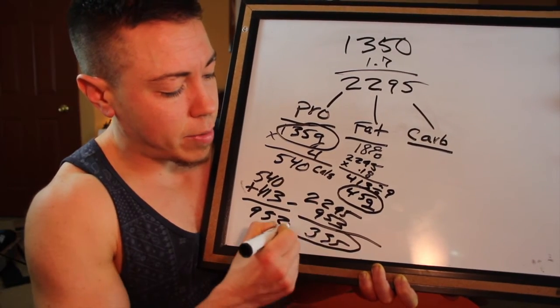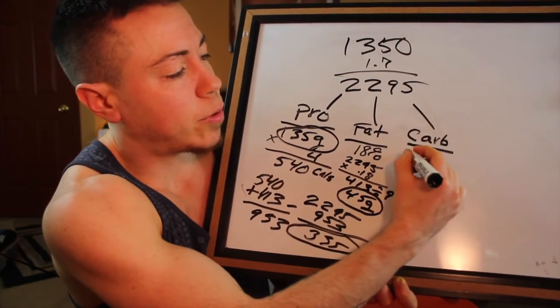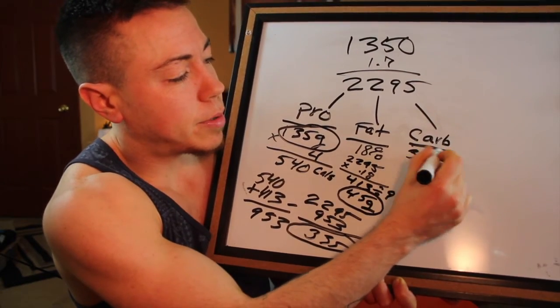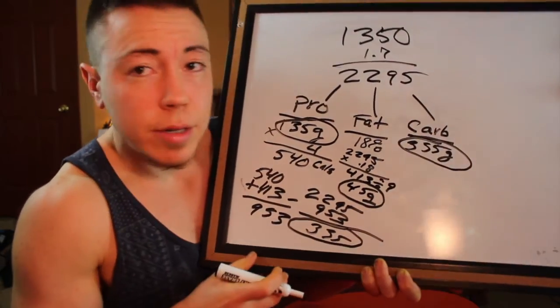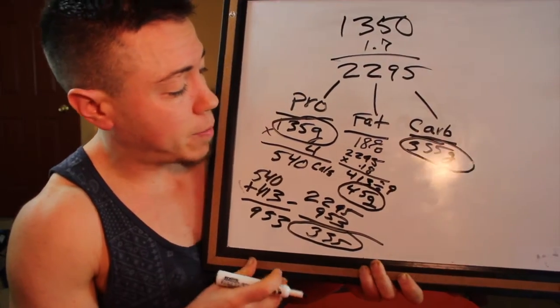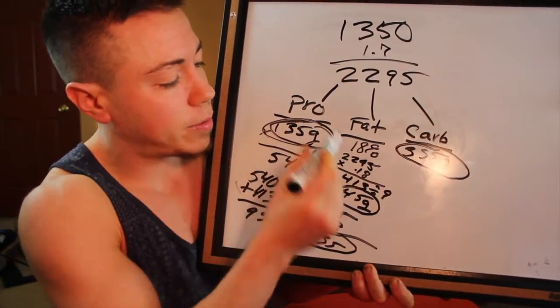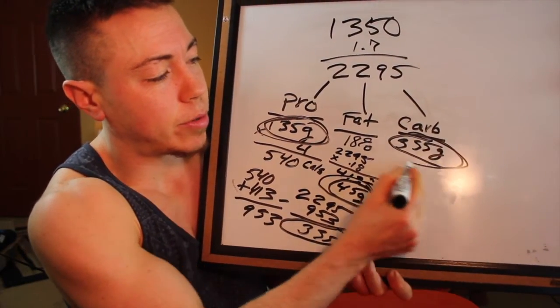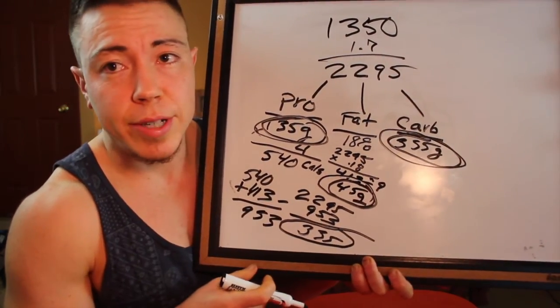So these are my carb grams. 335 grams of carbs. So there it is. There's my macros. 135 grams of protein, 45 grams of fat, and 335 grams of carbohydrates.